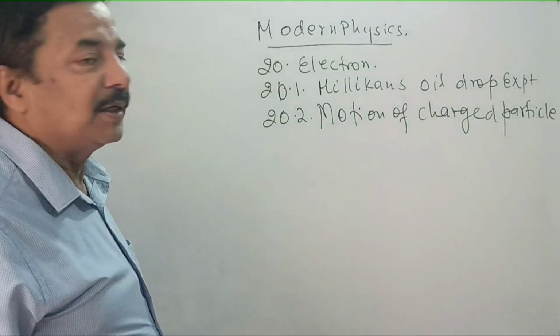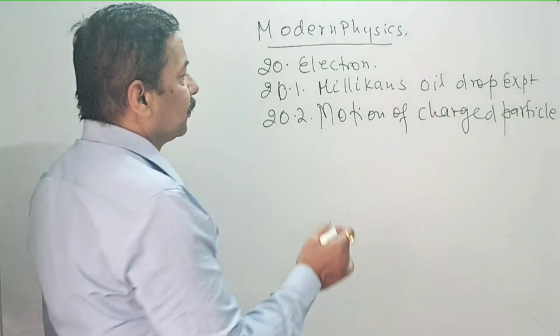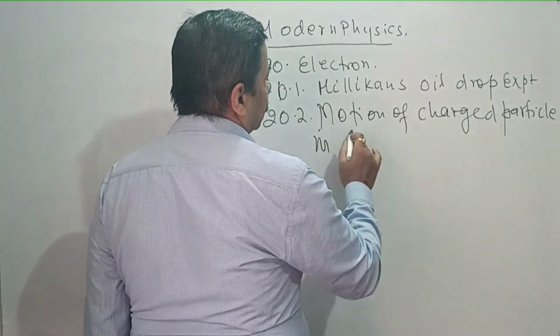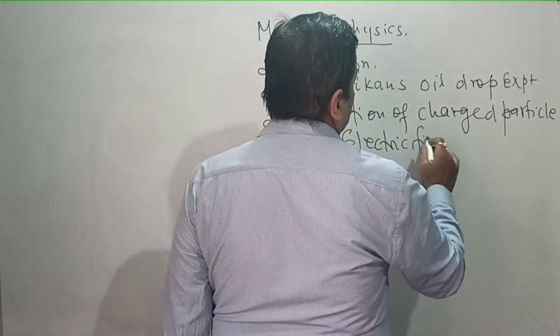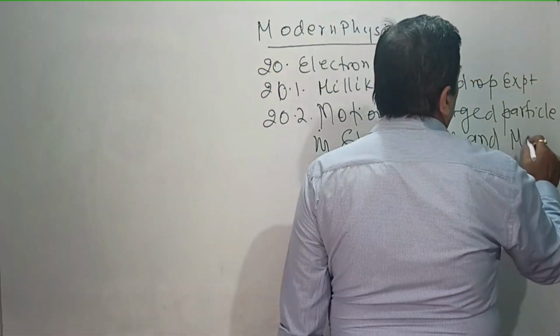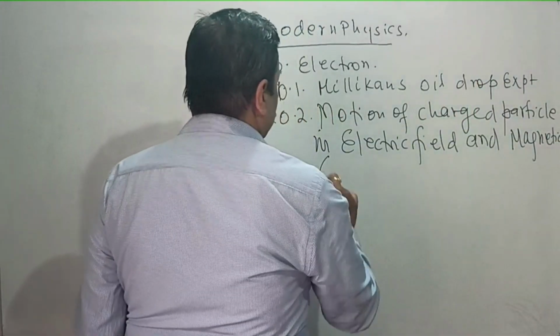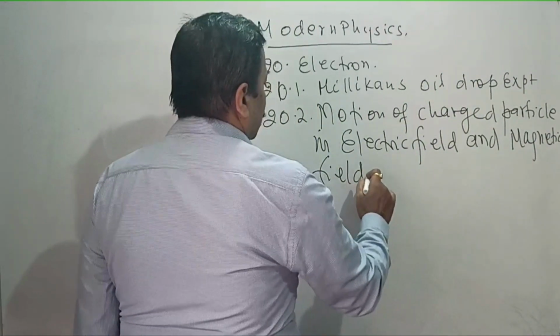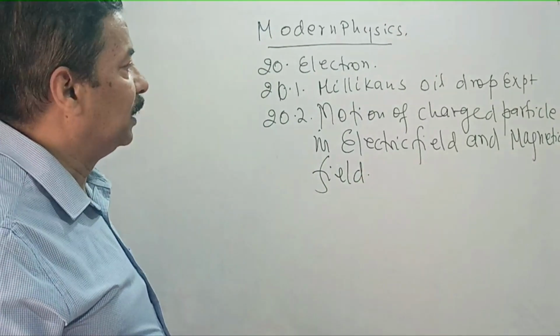Motion of charge particle like electron or proton or something like this, in electric field or magnetic field.